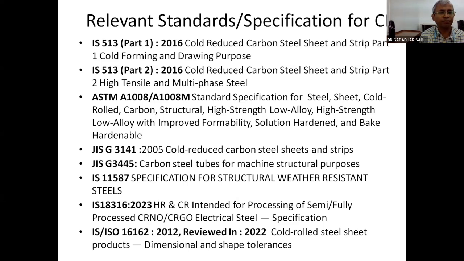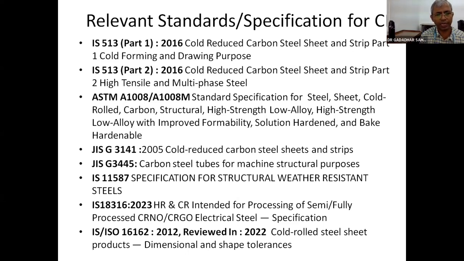Then IS 18316 2023 has come very newly. This specification has been newly designed. It is for both HR and CR grades intended for processing of semi or fully processed CRNO, CRGO electrical steel, and CRNO cold rolled non-oriented steel, which is produced in the RSP silicon mill.